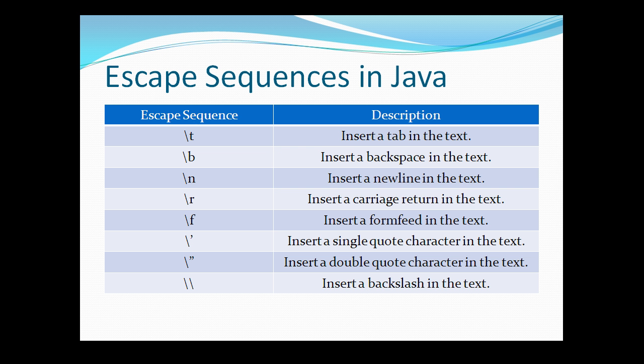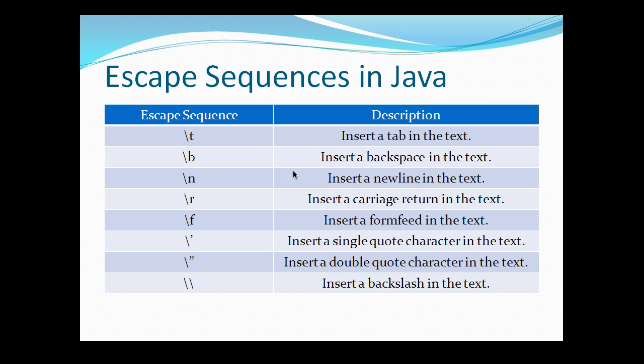Apart from whatever we saw in the demo, there are a few other escape sequences in Java. Backslash t inserts a tab. Backslash b inserts a backspace in the text. Backslash n inserts a new line, meaning it prints whatever comes after it on the new line.